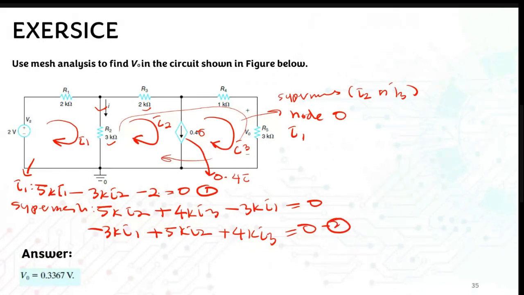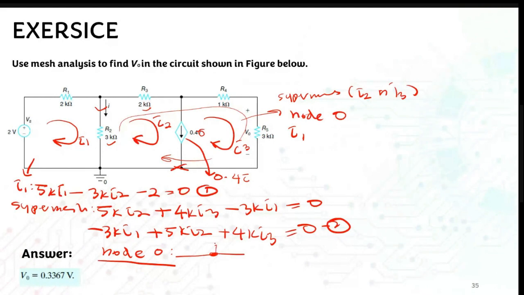And then you also have the equation for node 0 here, where this is sharing the same source. For node 0, just look at the current connections.